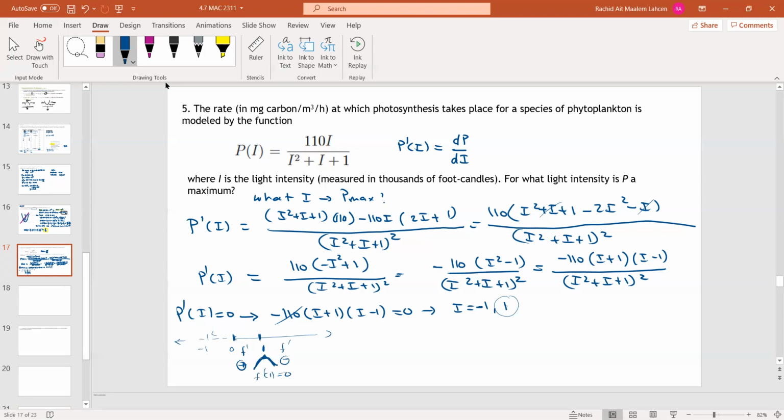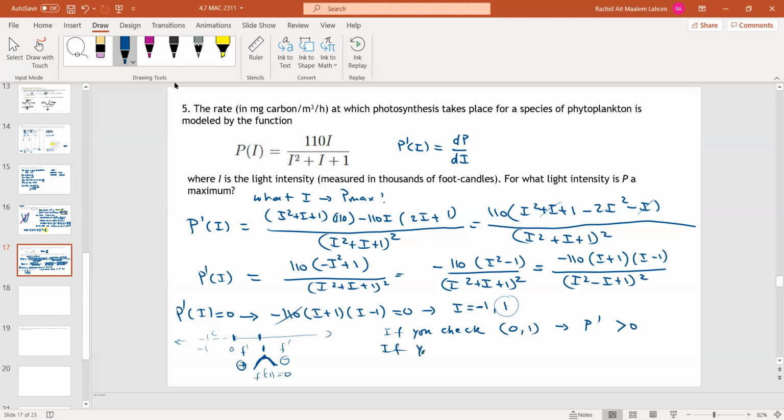So let's just check that. Take 0.5, a number, and try it, and you're going to find that's the case. If you check 0 to 1, you're going to find f prime, which in this case is p prime, to be positive.